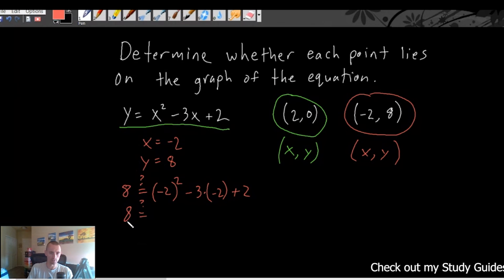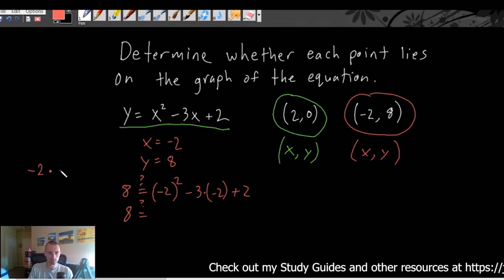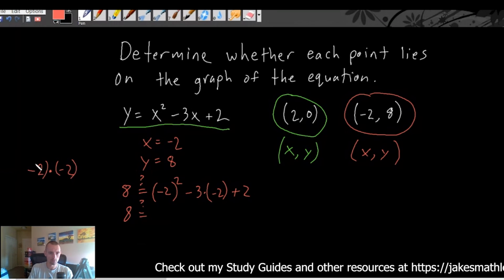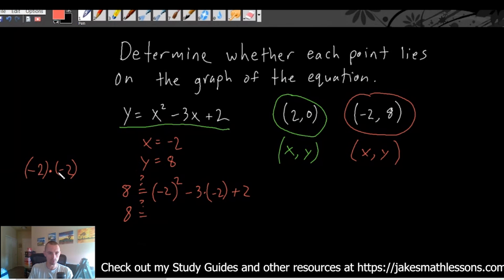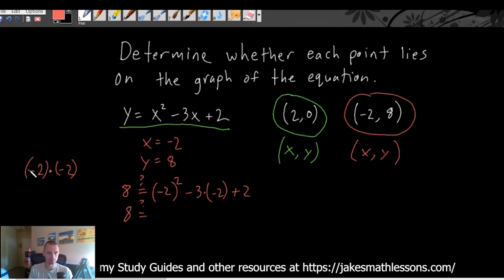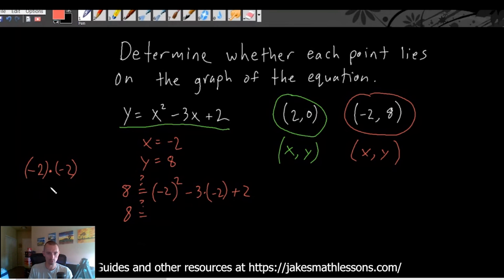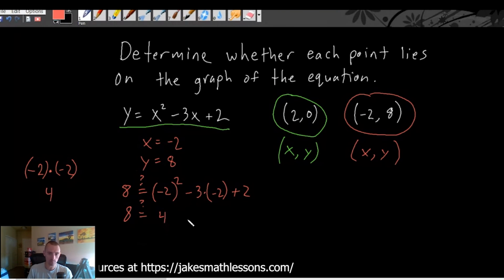So let's simplify the right side of our equation now. Again, the left side, there's no simplifying to do. We just have one number. -2 squared is the same as -2 times -2. Two negative numbers multiply to a positive, so the negative signs are going to cancel out. 2 times 2 is 4. So this term right here is +4. -3 times -2.